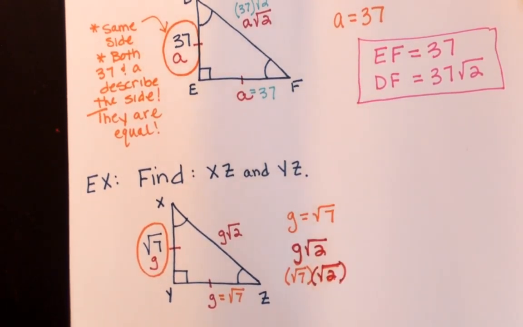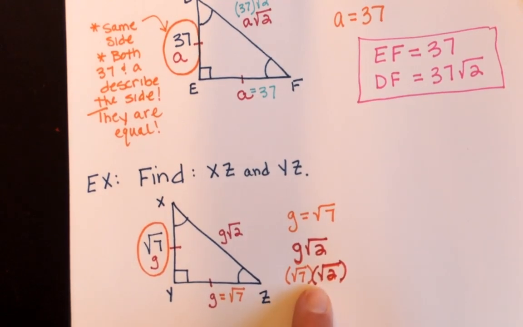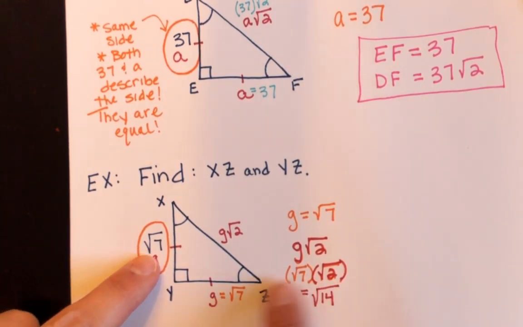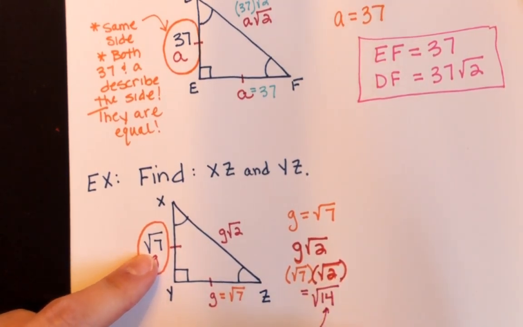Since they're both under the square root sign, this is going to equal radical 14. So we still have a number, radical 2. The pattern is still there. Radical 7, radical 2. This is simplified appropriately.